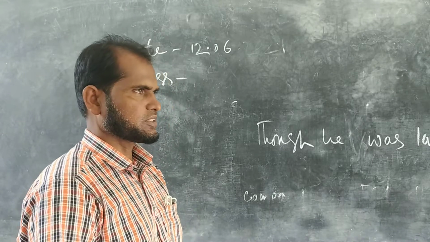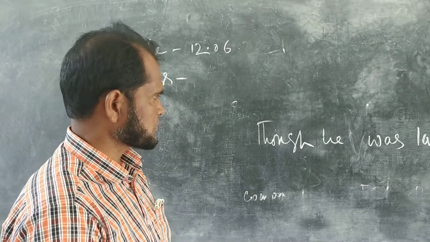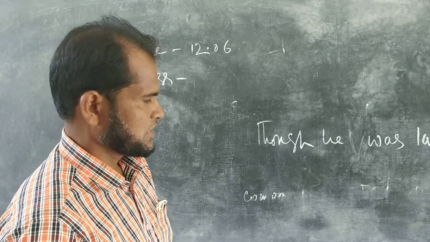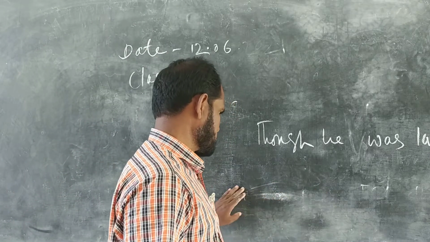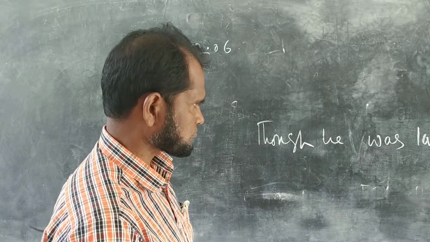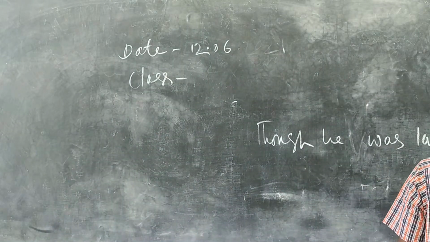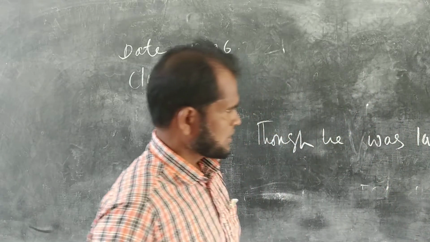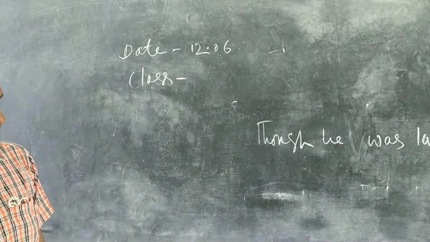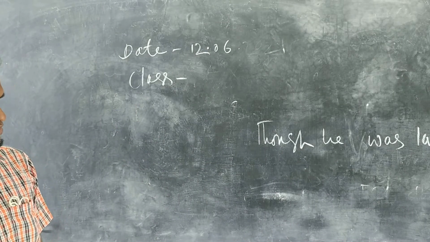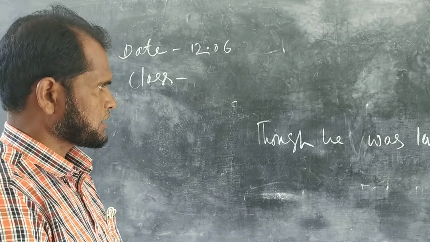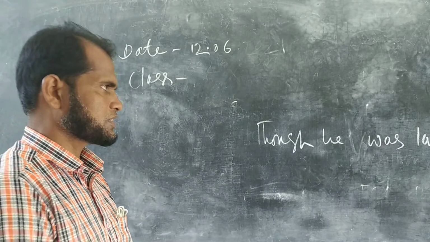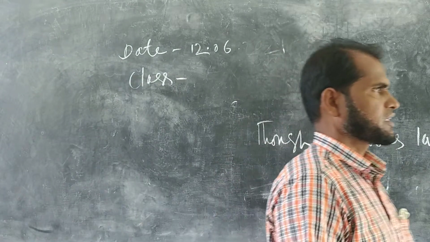When there is a subordinate clause and a principal clause, the sentence will be a complex sentence, and you will have to make it a simple sentence according to the direction given in brackets. You will have to make the subordinate clause into a phrase, and the principal clause will be kept as it is.